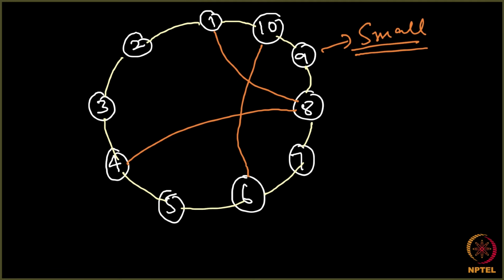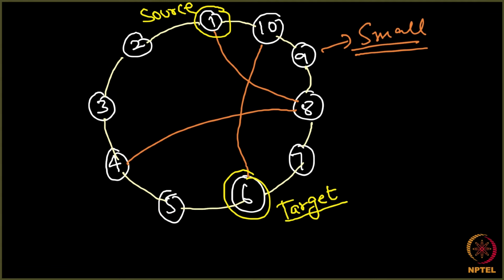Now how do we do a decentralized search over here? Let's say our node 1 here is the source which has the letter, and let's say the node 6 here is the target. We want to pass on the letter to this target which is the node 6. Now how does our myopic search, our decentralized search work here?